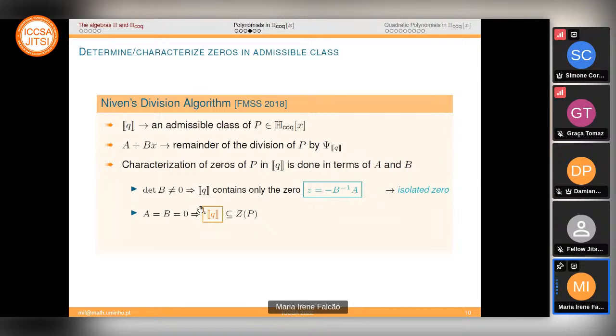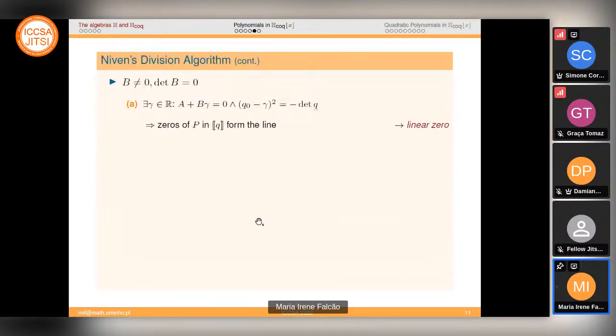And if you recall that geometrically this corresponds to a hyperboloid, we have called this zero hyperboloidal zero. But the interesting part is the third one, where we can have B different from 0, but with determinant equal to 0. This means that B is not 0, but it is not invertible. And in this situation, we can have two possibilities.